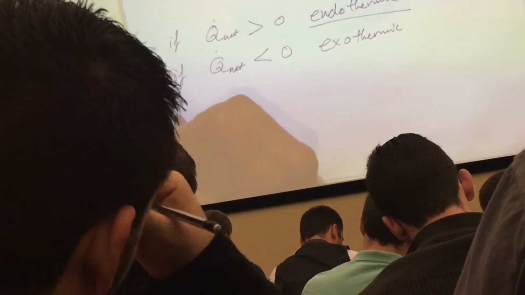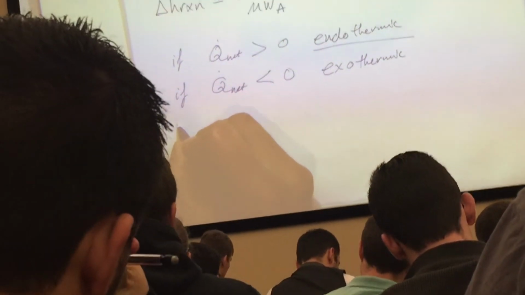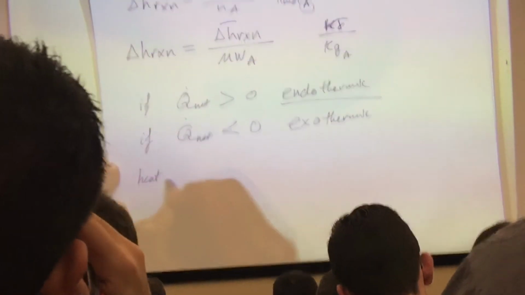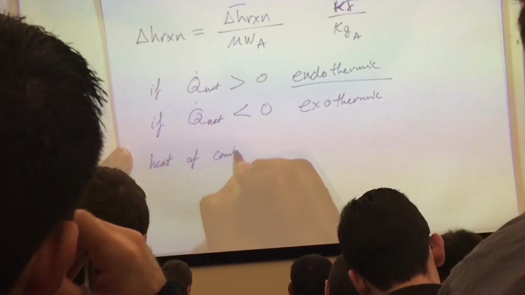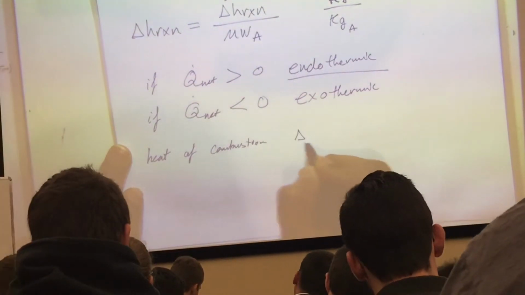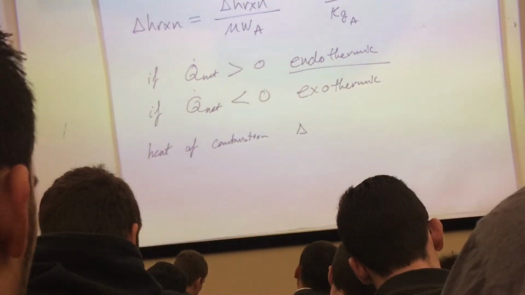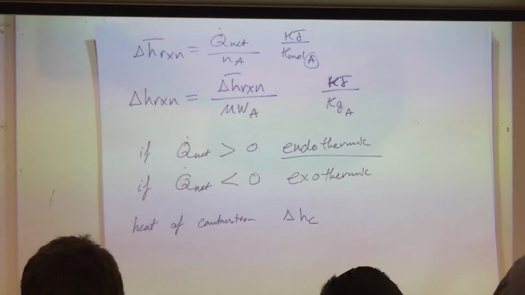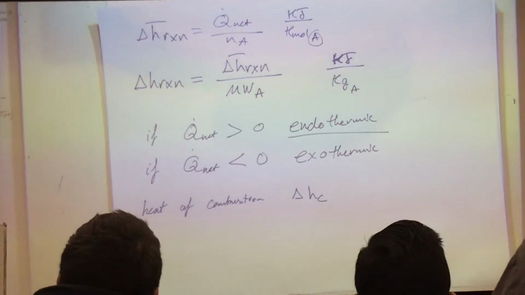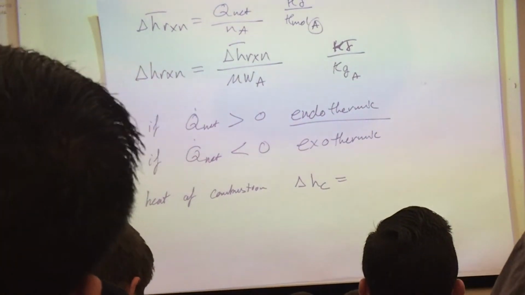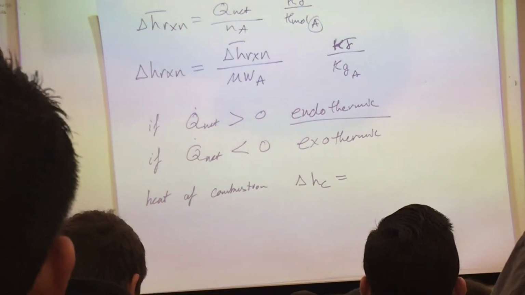So, here's the thing: heat of reaction, or we could call it heat of combustion. To confuse even more, it is delta HC. That's heat of combustion. Now what is delta heat of combustion equal to?